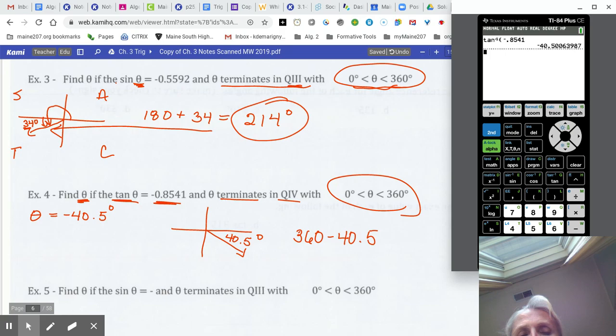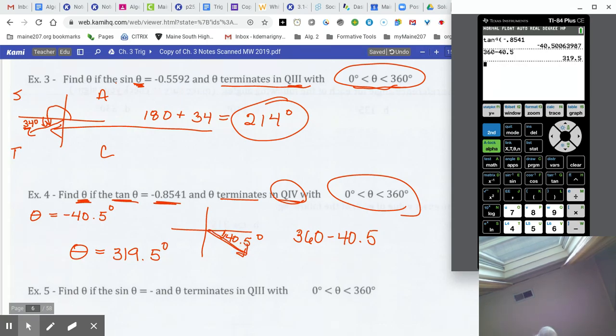So if I have a negative 40 degrees, I would have been moving in this direction. So we'll take the 360, we'll take away the 40.5 degrees, and that'll tell me that the theta that I'm actually looking for as a reference is 319.5 degrees. You are in quadrant 4 for this to happen.